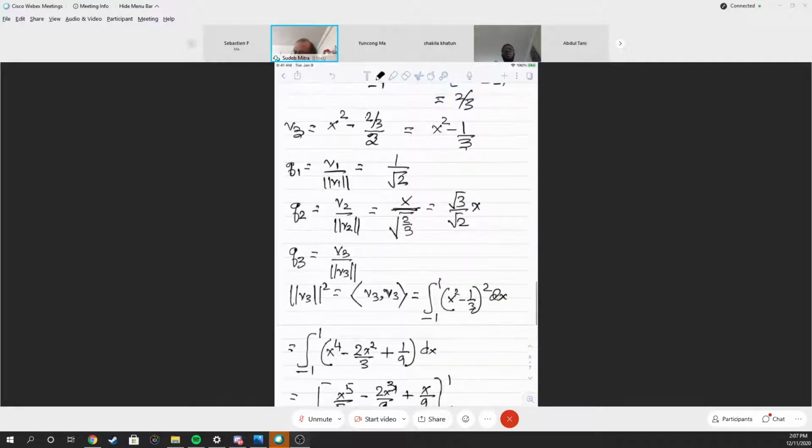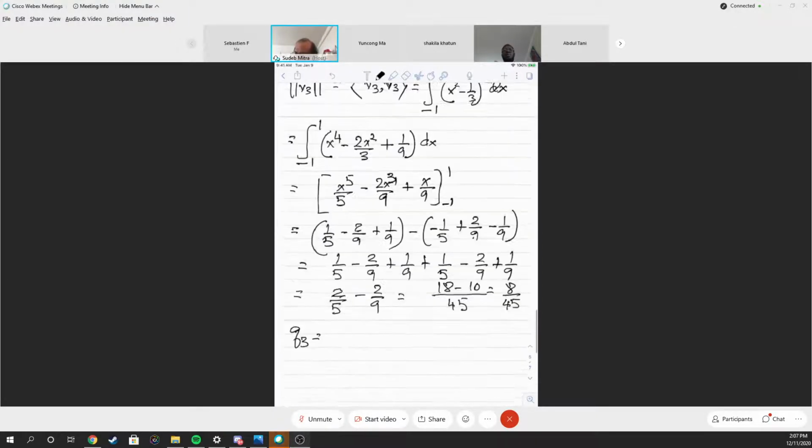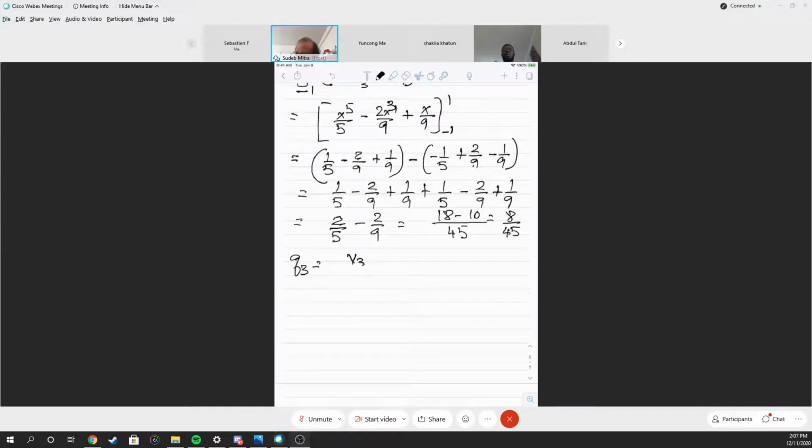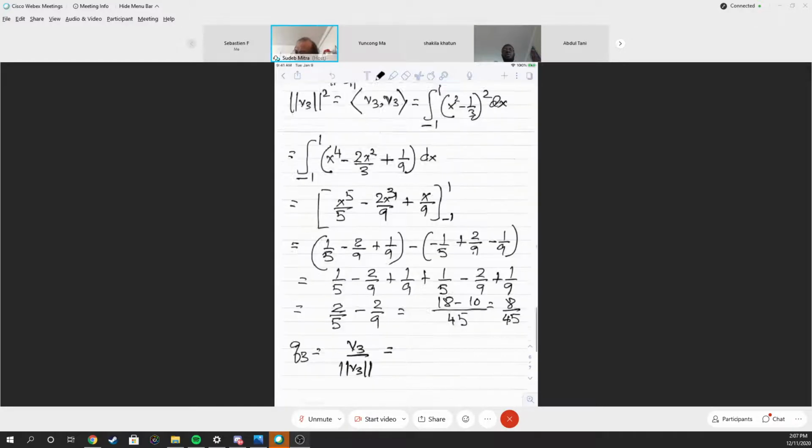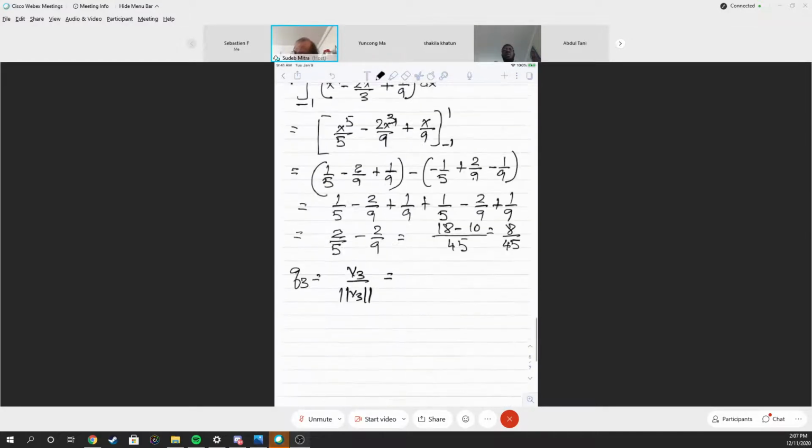What's Q3? V3 upon norm V3. So V3 is x squared minus 1/3 upon the norm of this. So that is square root of 8 upon 45.